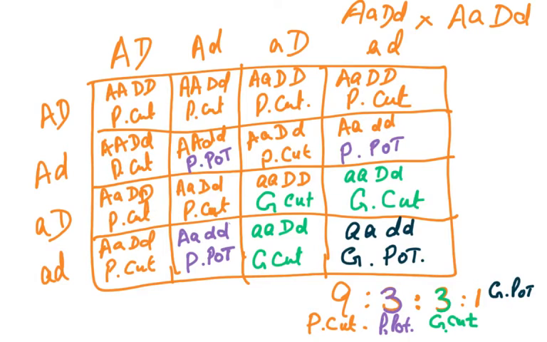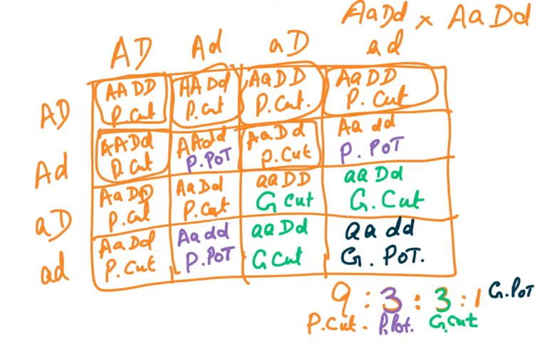Now that you look at this table which has been completed for you, you can see that the 9, that's 1, 2, 3, 4, 5, 6, 7, 8 and 9, are the purple cut, and 3 are the purple potato, which I've used another color for.